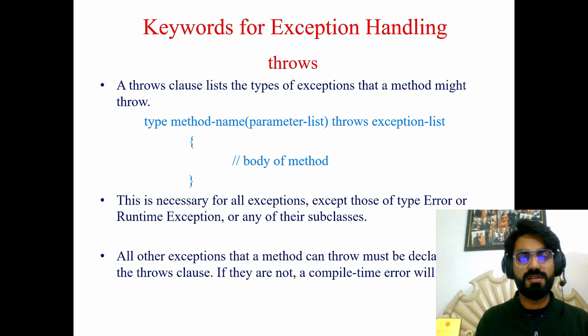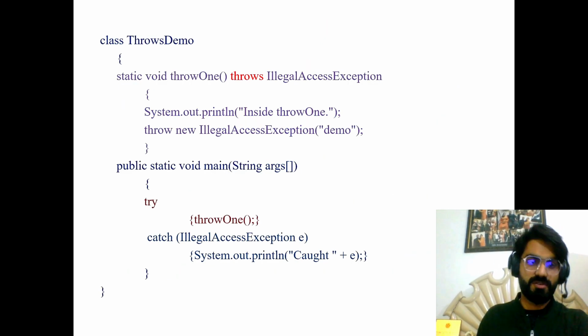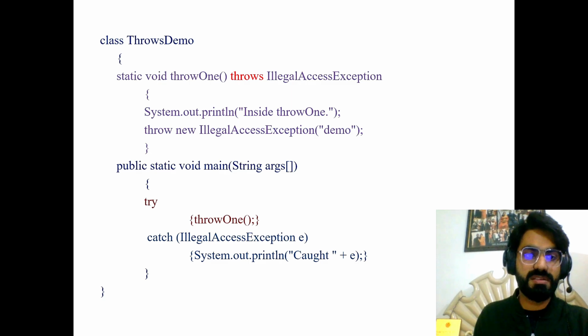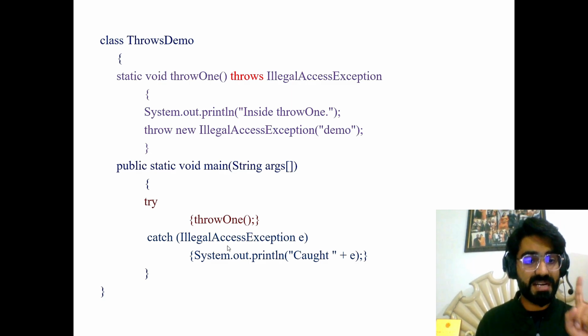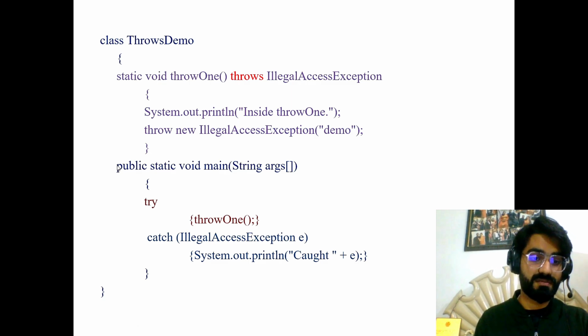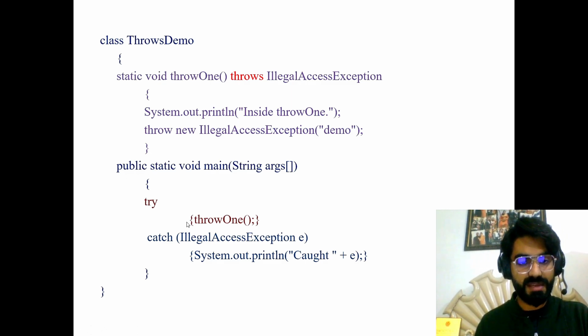If I give you an example, here we have a live example. We have a main block. We will start by thinking like a compiler. Search for the main block first. Public static void main. Try throw one. Throw one is a method. Then we have a catch block, illegal access exception.